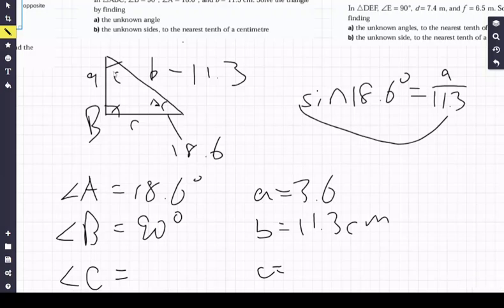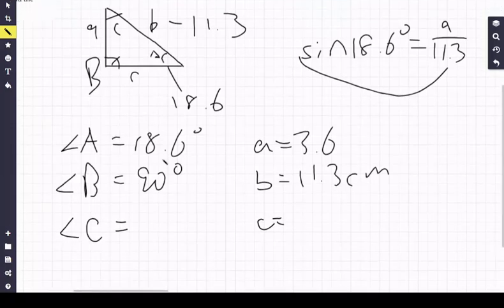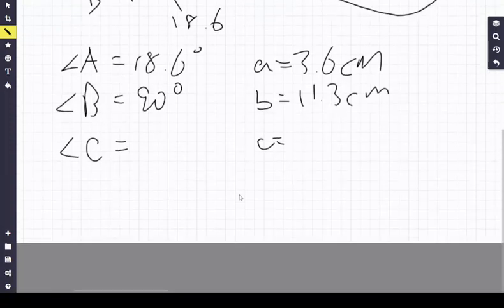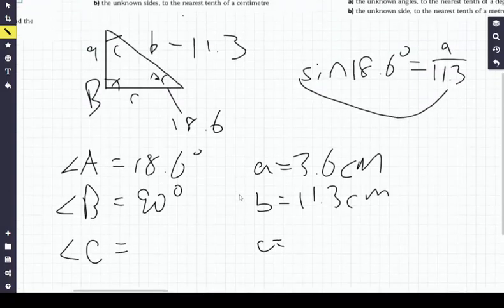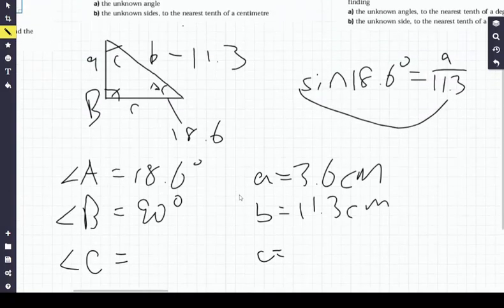Let's go ahead and find C. Since we already have A and B, we don't need to go through the sine ratio anymore. All we have to do is use the Pythagorean theorem. So let's do 11.3 squared.